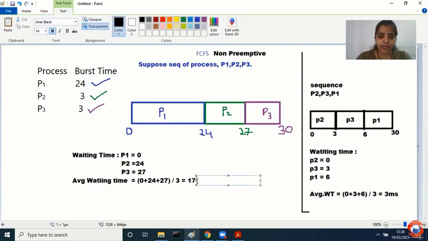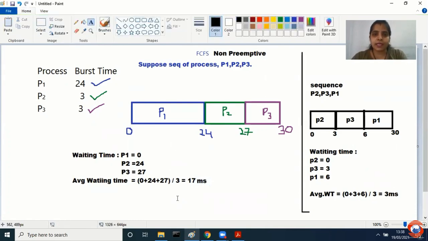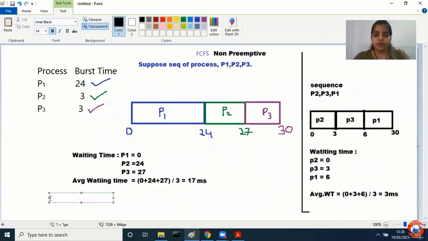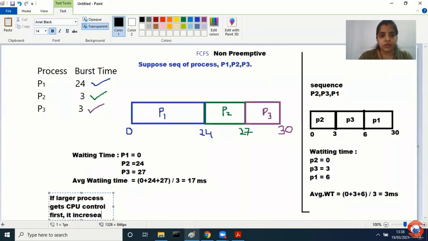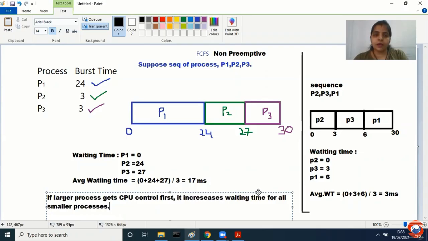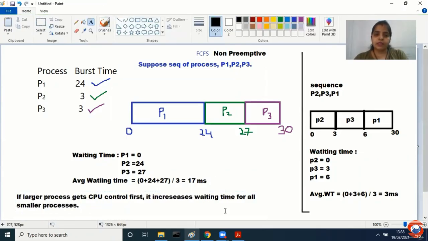And here what I was getting? 17 milliseconds. Are you getting the scenario? Please observe. In this case, if the larger process gets CPU control first, it increases waiting time for all smaller processes. Can I say like this? अगर large process को पहले control मिला, तो obviously it will increase the waiting time for all the smaller processes.